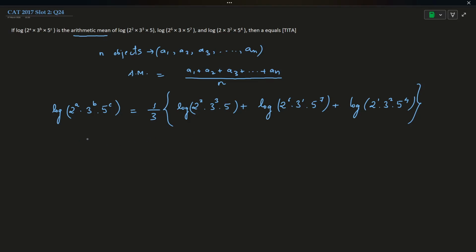And instead of 1 by 3 on this side, I can say 3 times here, using properties of logarithm.